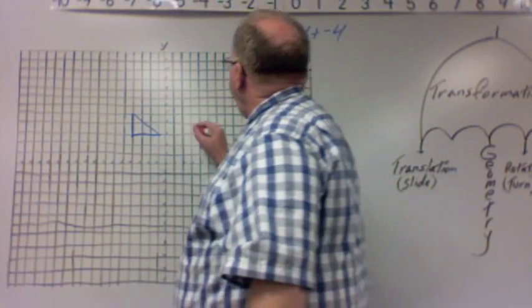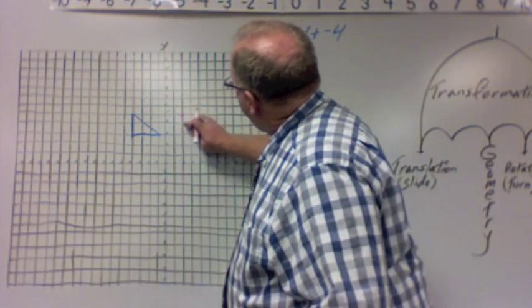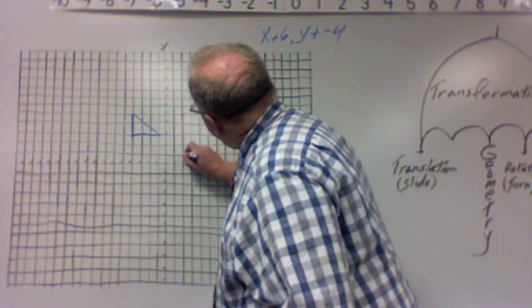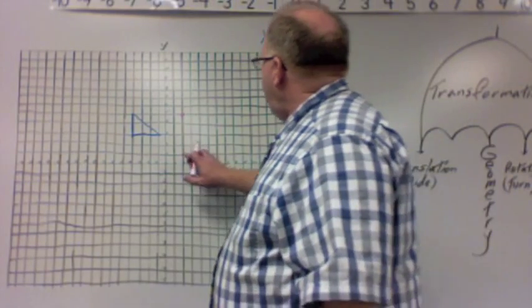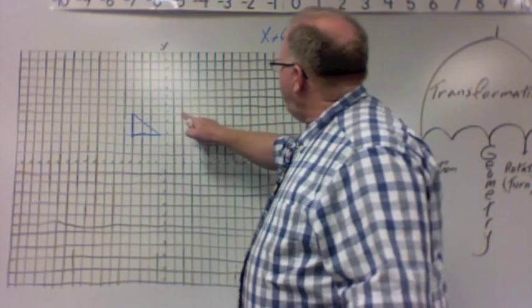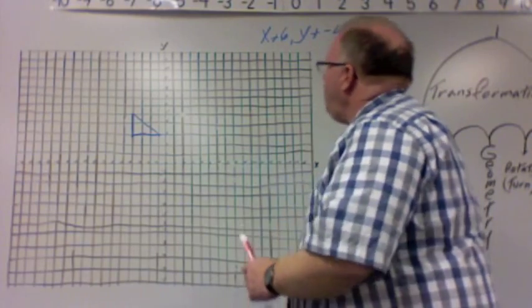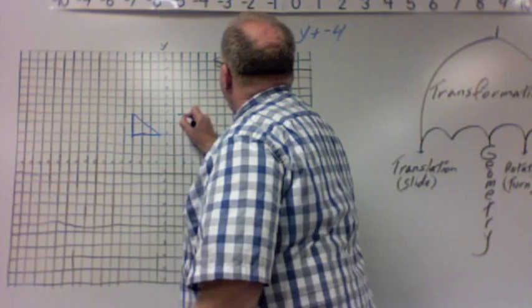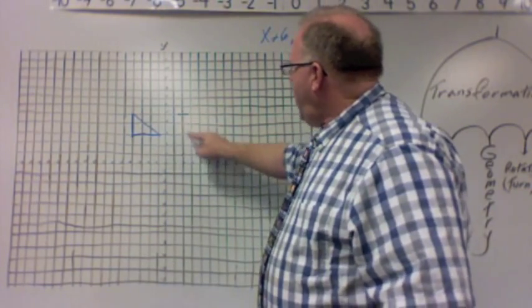And my 4 down is 1, 2, 3, 4. So there's my 4 down. I wanted to show you how my 6 over was going to look. This isn't going to be the point that we're going to use. This will be. Let me draw back in my little lines here. Okay, so we've moved that over 6 units over and 4 down.